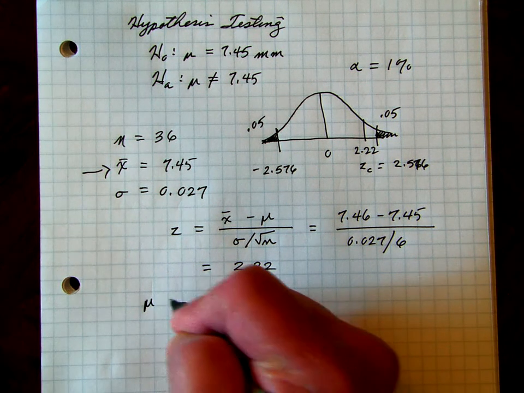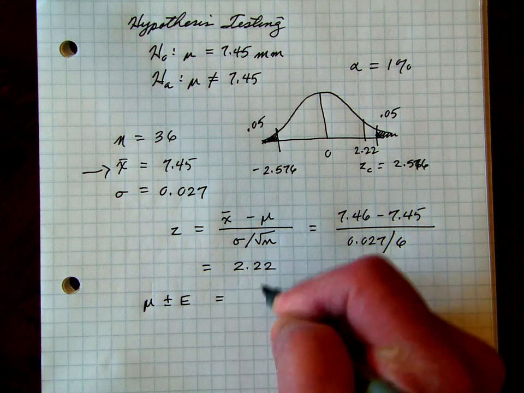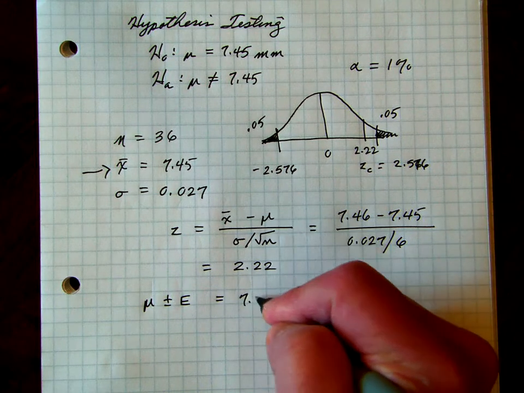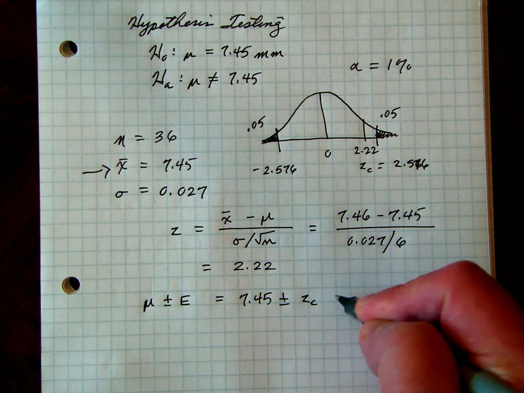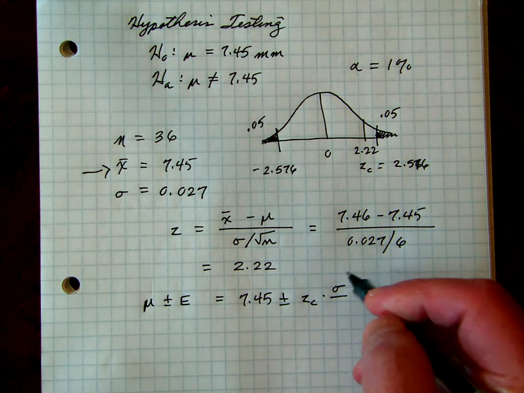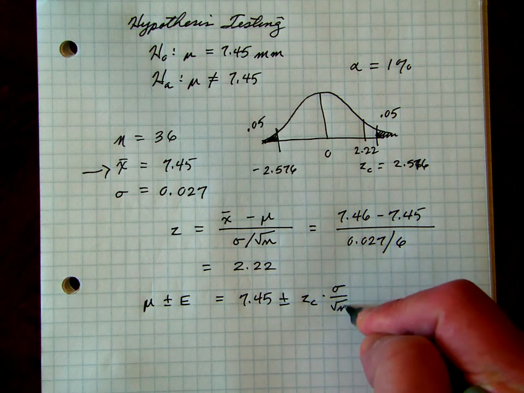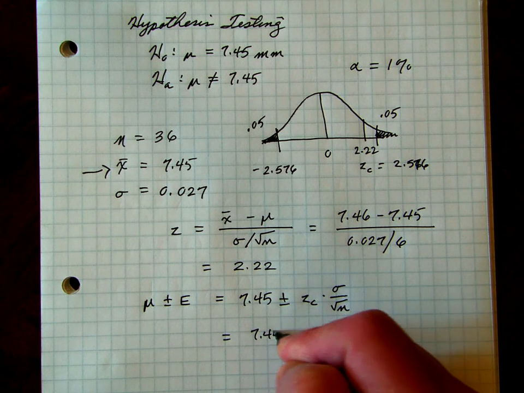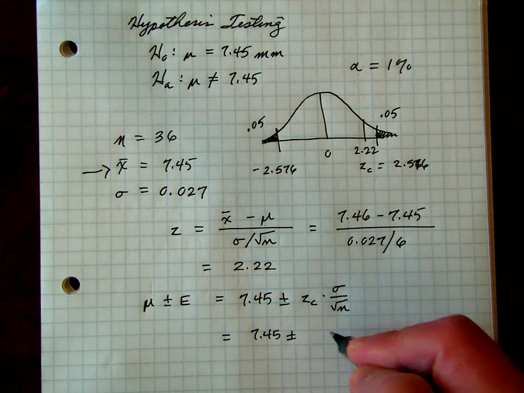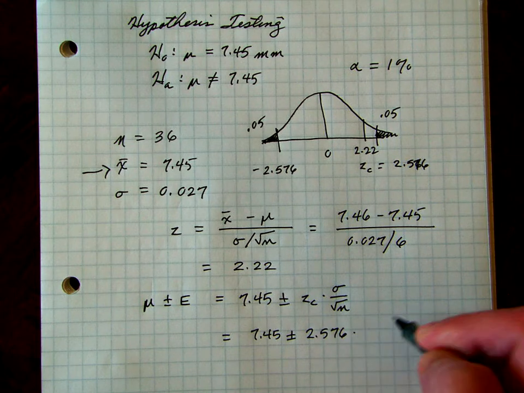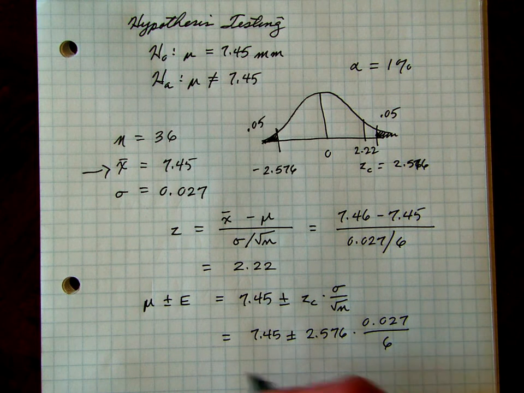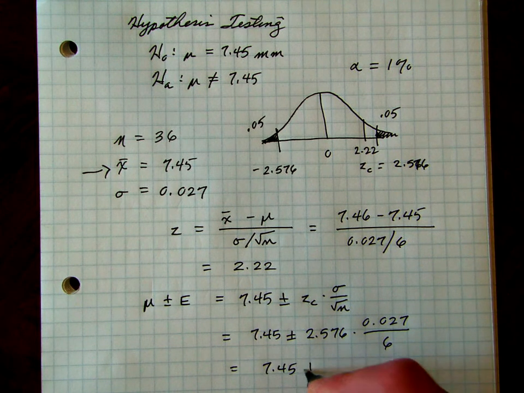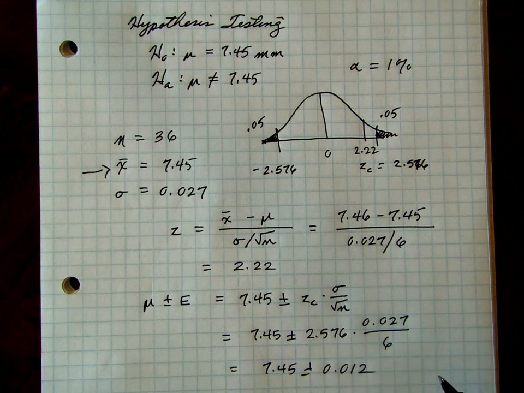If you look at mu plus or minus the error range, that would be 7.45 plus or minus, we have to take the critical value, multiply it by the sample mean standard deviation, 7.45 plus or minus 2.576 times 0.027 over 6, 7.45 plus or minus 0.012 when I feed that into my calculator.